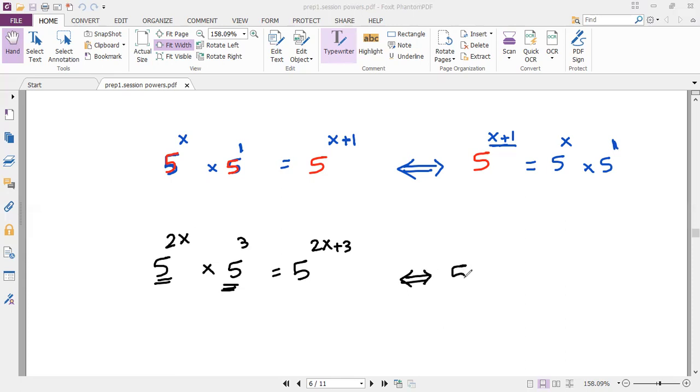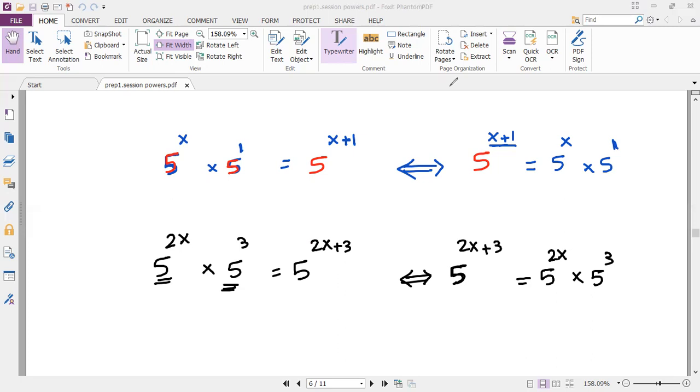If you have 5 to the power of 2x plus 3, what is the origin of this expression? It's 5 raised to the power of 2x plus 3. We can write it as 5 to the power of 2x, pay attention, multiplied by 5 to the power of 3. Okay.